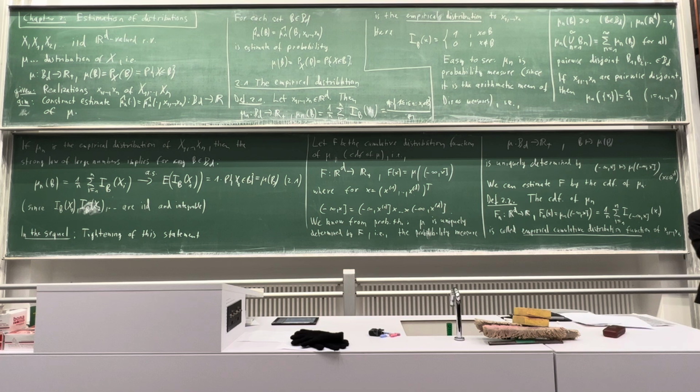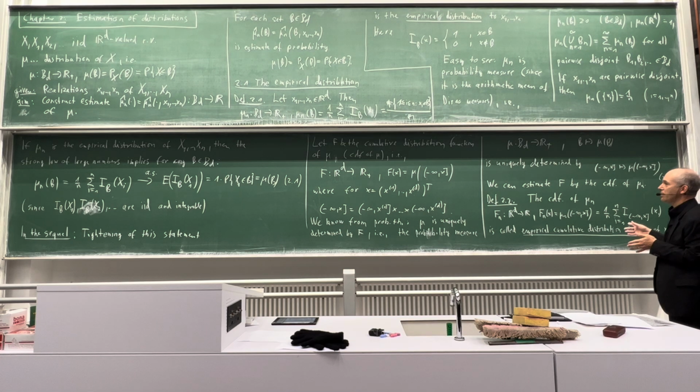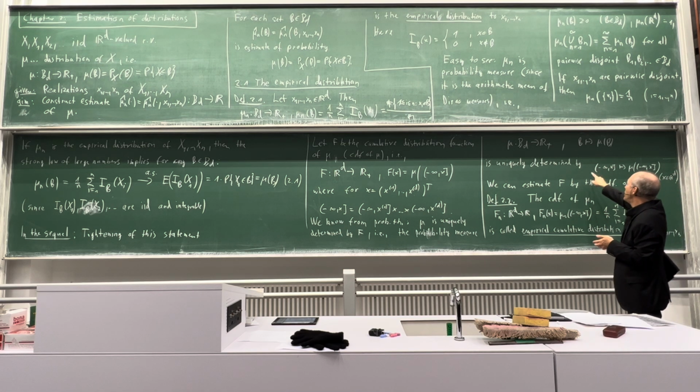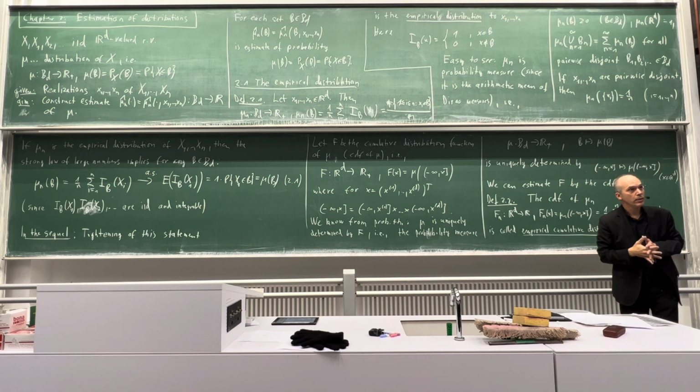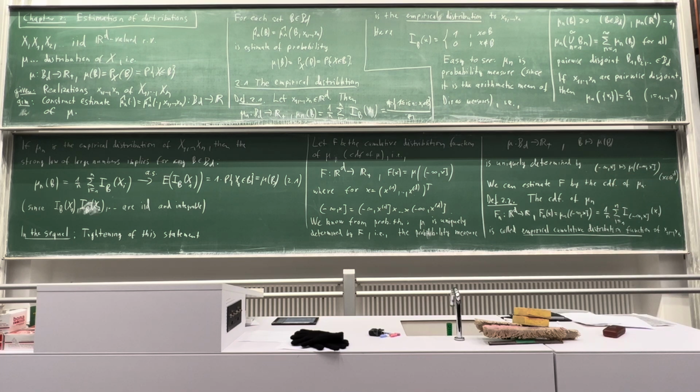I didn't prove it, but it goes back to Maxwell, and I mentioned it. There are some theorems about measures which say on which sets the function values already uniquely determine the measure. Any more questions?